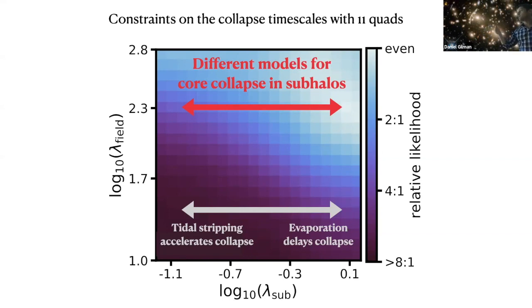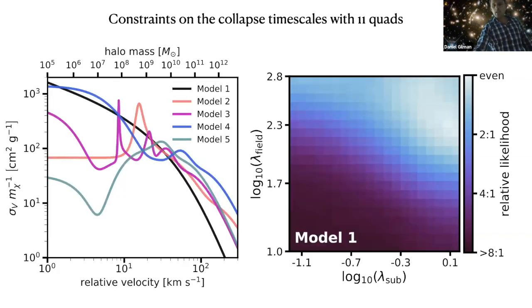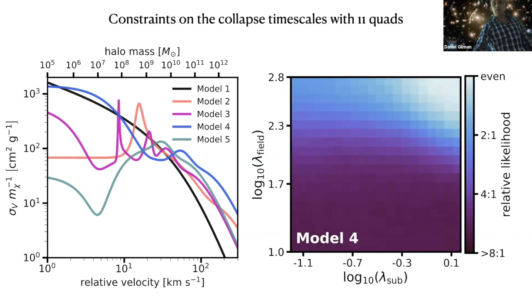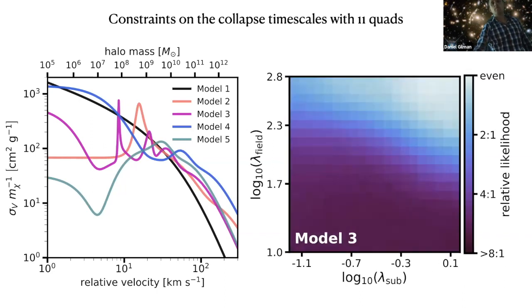In particular, if you have models where everything is collapsing, this is disfavored with relative likelihoods that exceed 10 to 1 in the bottom left corner, and then it becomes less penalized as you move towards the upper right. Essentially the data, and this applies to every cross-section you looked at, are penalizing models where a large fraction of halos are core collapsing.